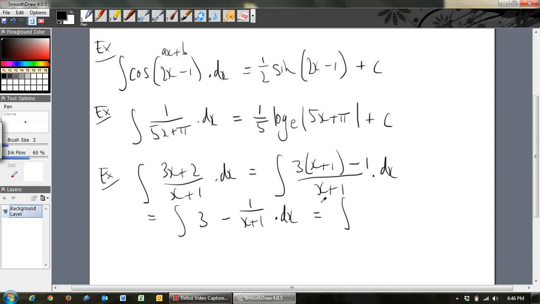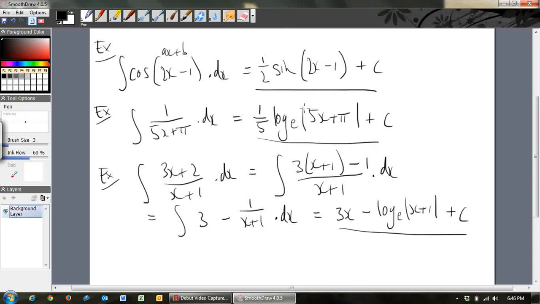Integrating, the integral of 3 is 3x, and 1 over x plus 1 gives minus log e of x plus 1, and we divide by the coefficient of x, which is 1, so it doesn't affect it, plus c. That is your answer.